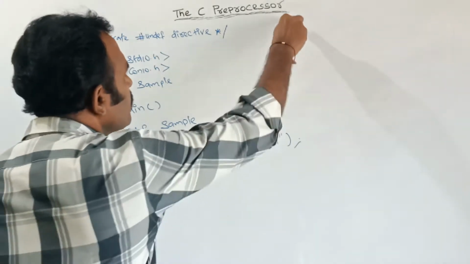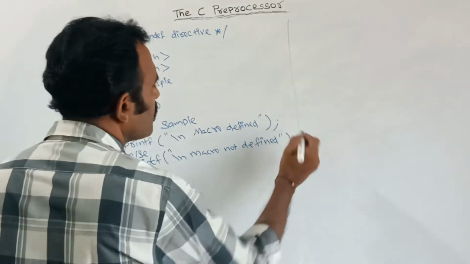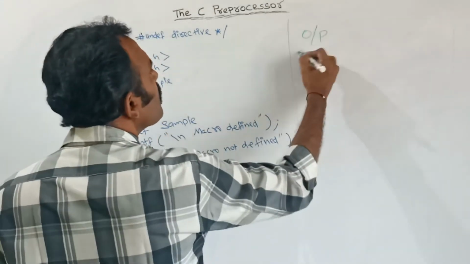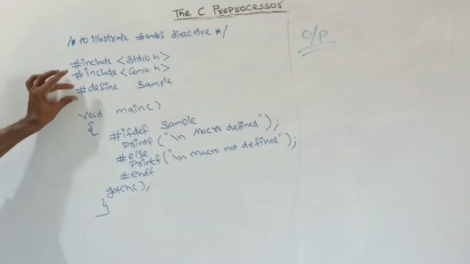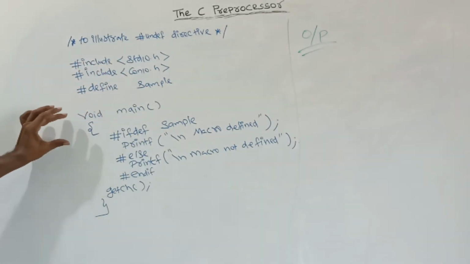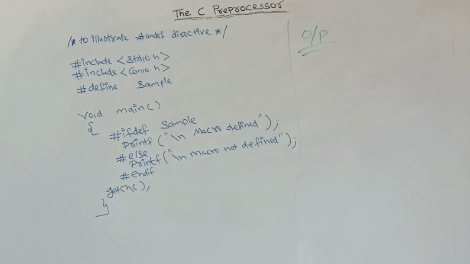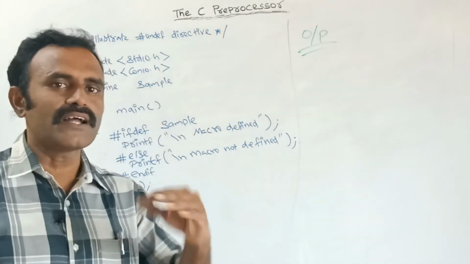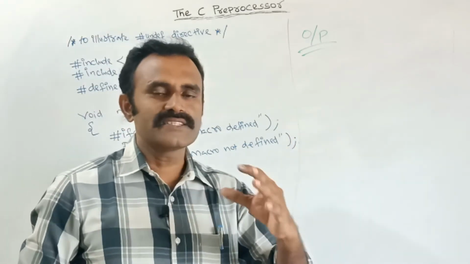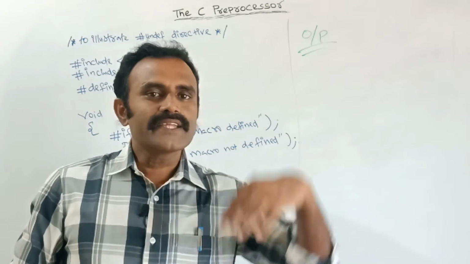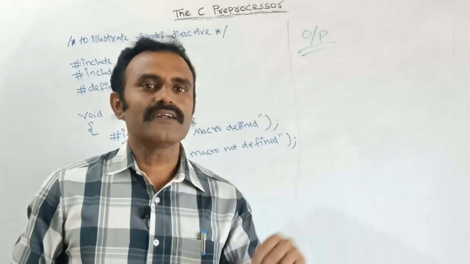While executing this program, the output will be: I am defining the macro named sample. Next, with the help of this ifdef, what purpose are we using ifdef for? We already saw ifdef in the last class. This ifdef is used to check whether the macro has been defined or not.